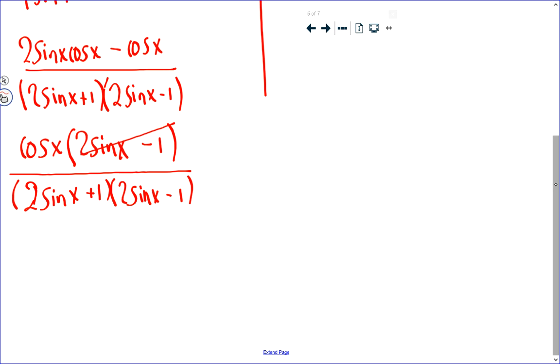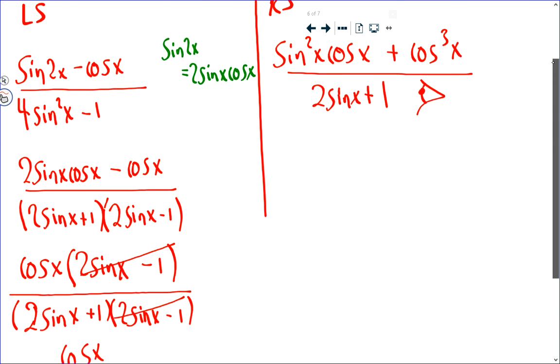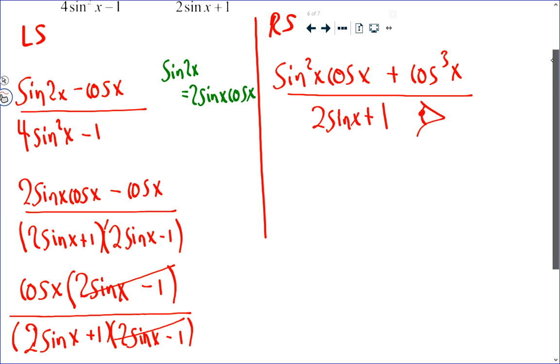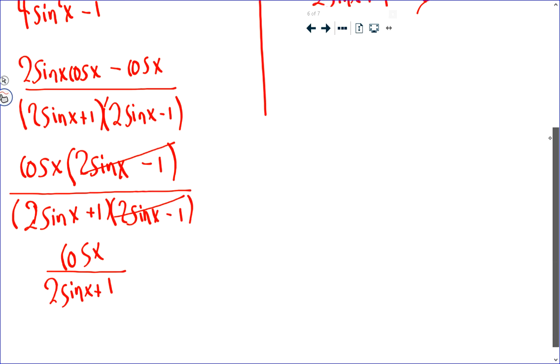The 2 sine of x minus 1's cancel, so we're left with cosine of x over 2 sine of x plus 1. Well, that's looking pretty good because on the right-hand side we have 2 sine of x plus 1 in the denominator.